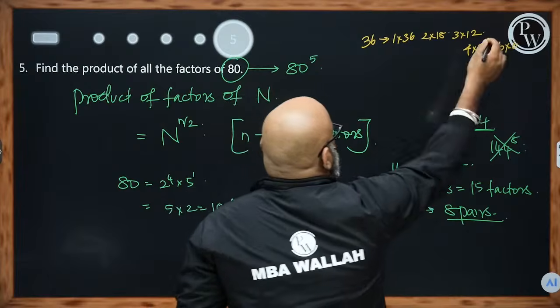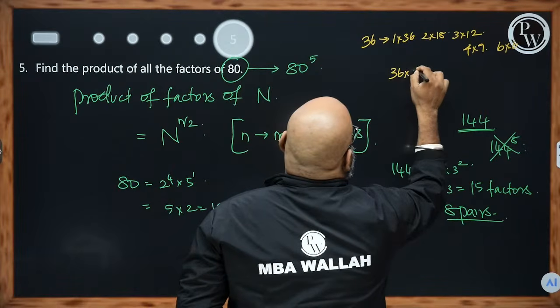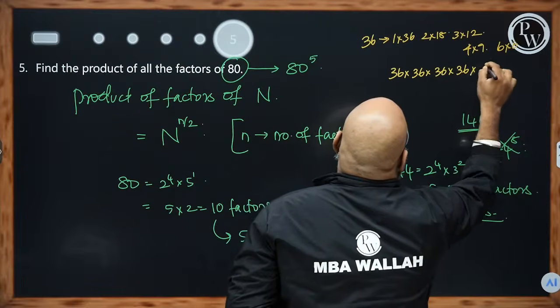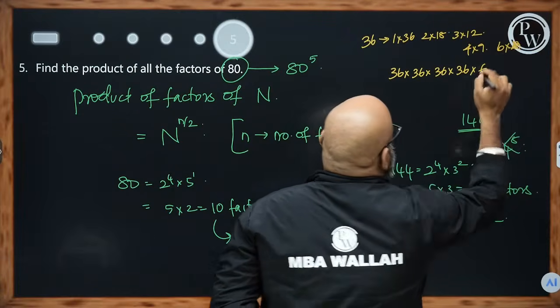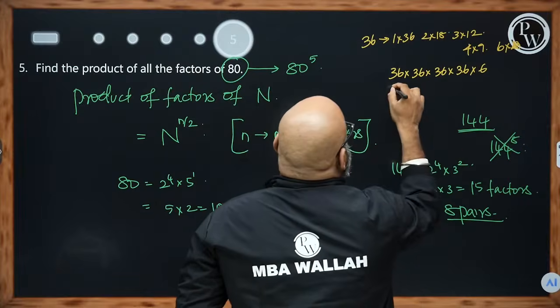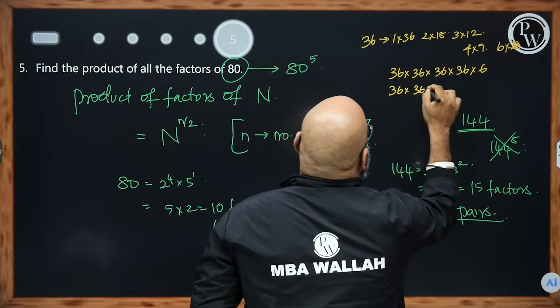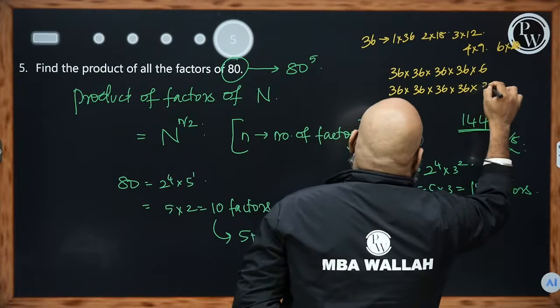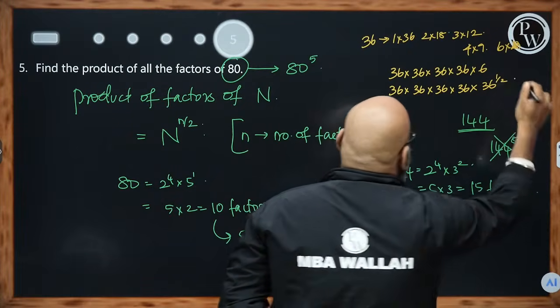So can I write this as 36 into 36 into 36 into 36 into 6? You cannot take this one. You can take only one 6. Can I write this as 36 into 36 into 36 into 36 into 36 power 1 by 2?